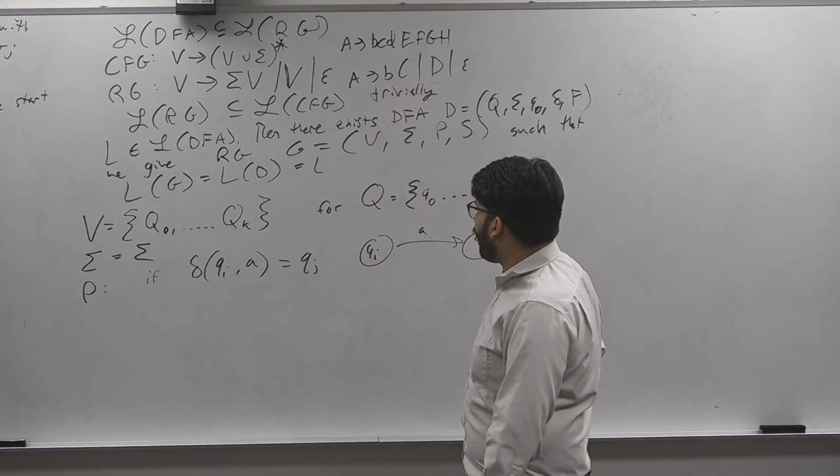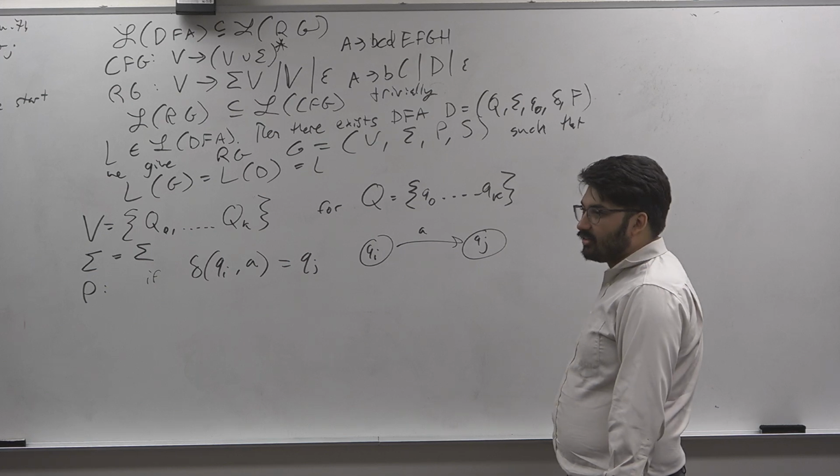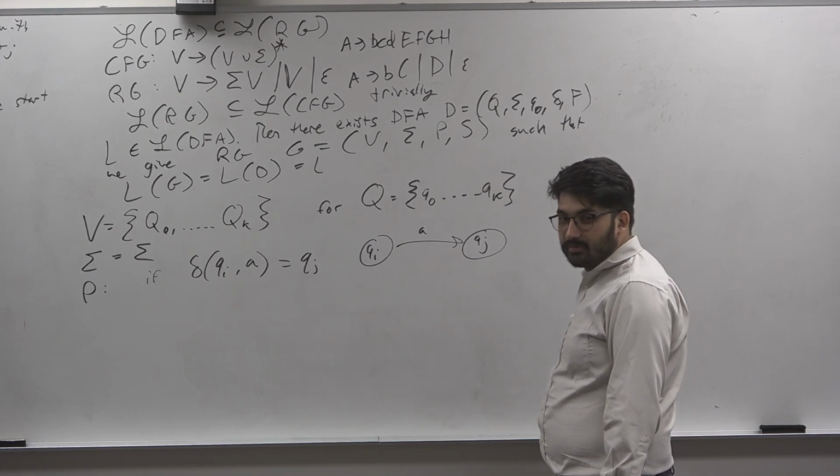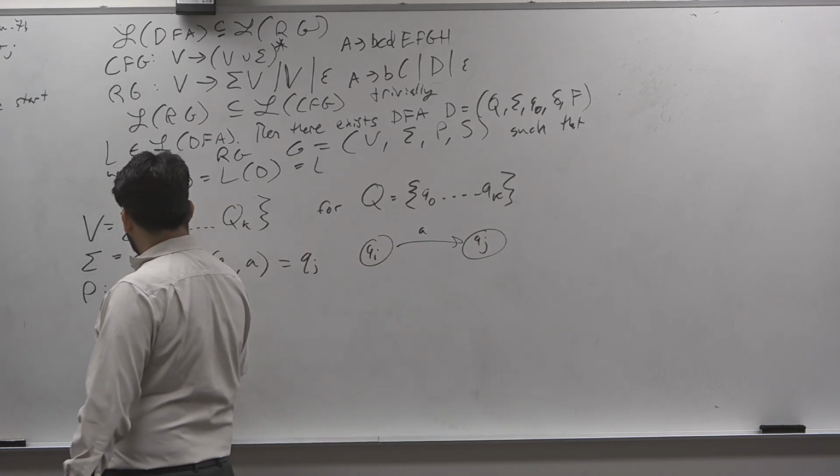For this specific QI, A, and QJ, the production should be QI goes to A QJ.